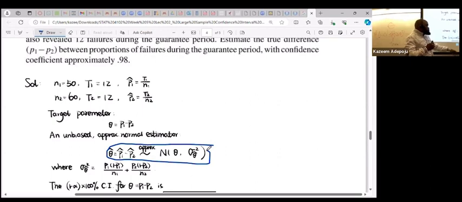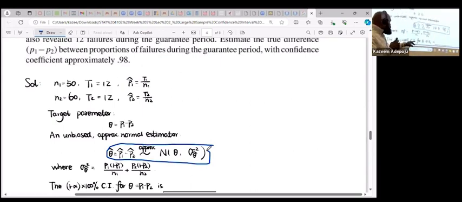And of course, theta here is going to be the mean of this, which is P1 minus P2. Then the variance, don't forget we're dealing with proportions for the two populations, is going to be this, and the standard error is just going to be putting a square root.